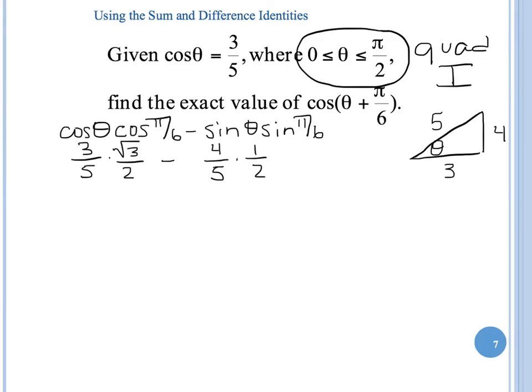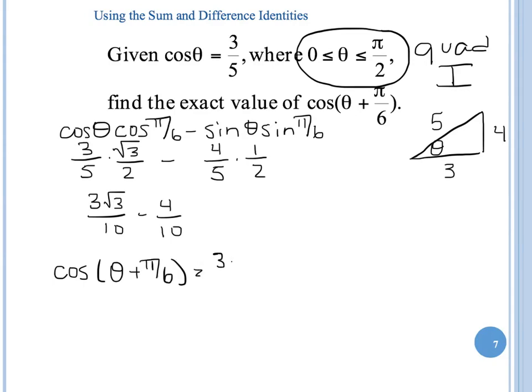And now if I multiply my fractions together, and then I'd have 4 over 10. I now have two fractions that are the same denominator. So cosine of theta plus pi over 6 equals 3 square root of 3 minus 4 divided by 10.